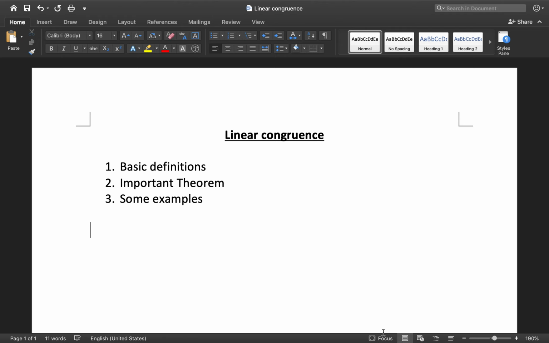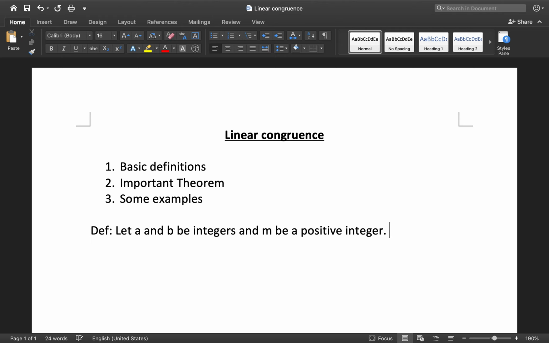So what is the meaning of linear congruence? Well, this is the definition. For example, we let a and b be integers and m be a positive integer. So actually they're all integers, but m has to be positive.